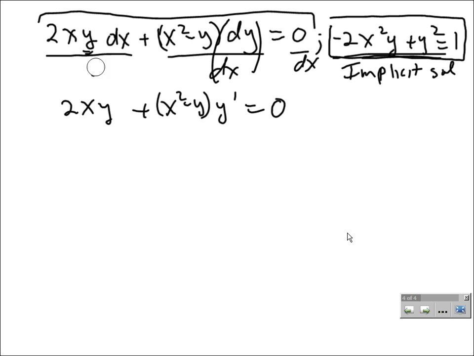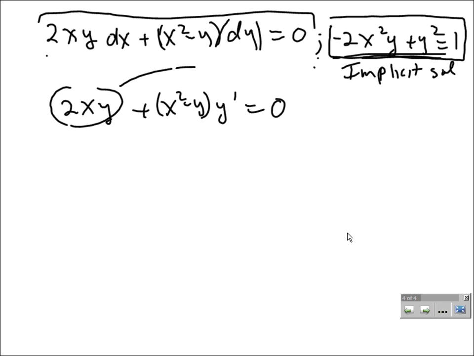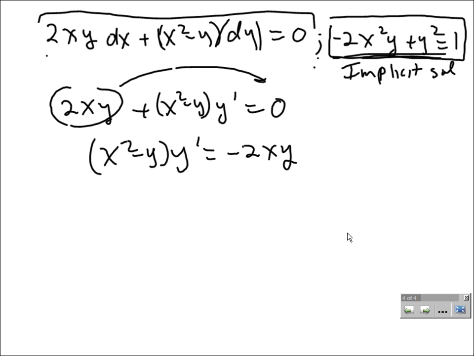So what I know is this original equation and the one right underneath it are exactly the same. Now I want to solve for y prime. So I'm going to bring this term to the other side. So I have x squared minus y times y prime is 0 minus 2xy, which is minus 2xy. Okay?